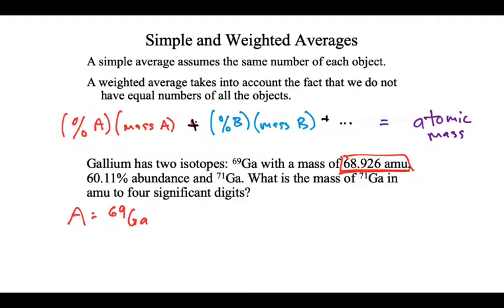No. So what we're trying to do is take this mass of letters and numbers and simplify them into some other form so that we can calculate more easily. A for gallium-69: do we have the mass of A? Yeah, what is it? We'll throw in that AMU. Do we have the percent of A? Yeah, that's also there. Cool.